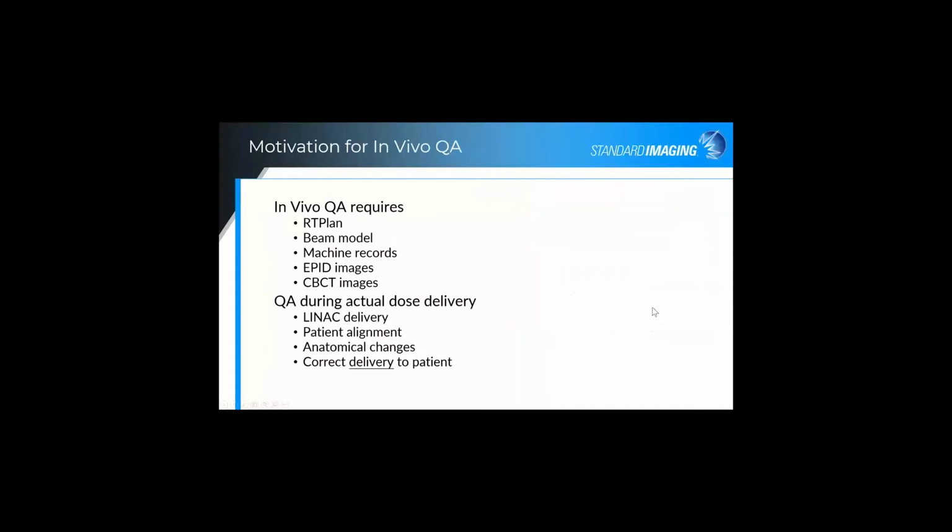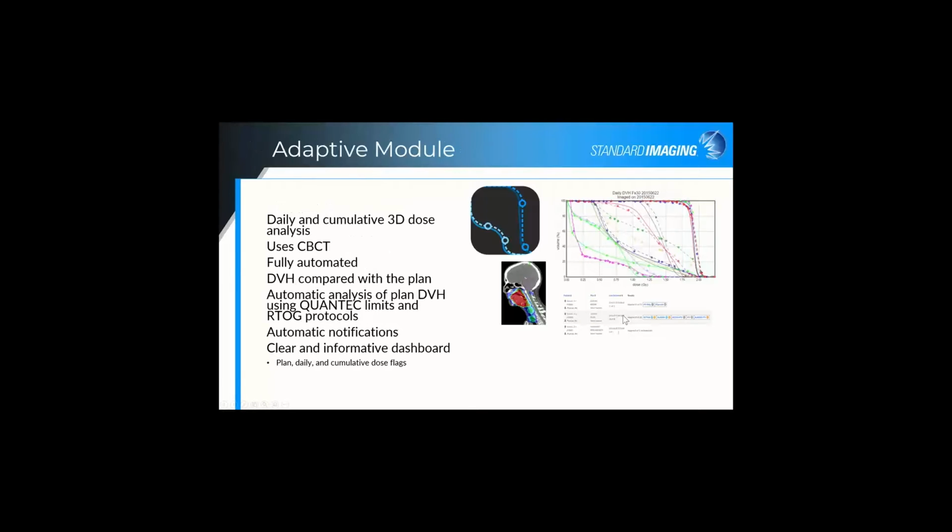And in this particular example, the PTV has a plan notification, so the typical limits didn't meet the plan criteria. And then in this other plan, the rectum, for example, had a daily as well as a cumulative dose flag.